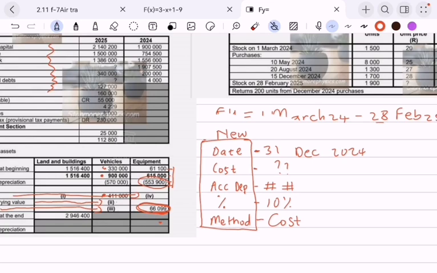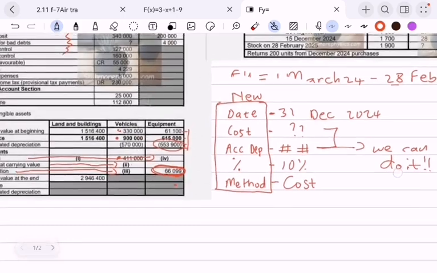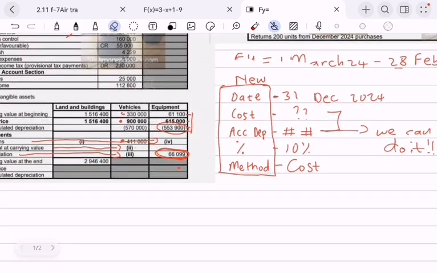So in this case, we can't use the new equipment's information. Why? Because it is incomplete. We have two unknowns. But I believe for this one, we can do it. Beautiful. We can do it. Always keep that in mind. You can do it. Then how do we do it now? That's the most important question.